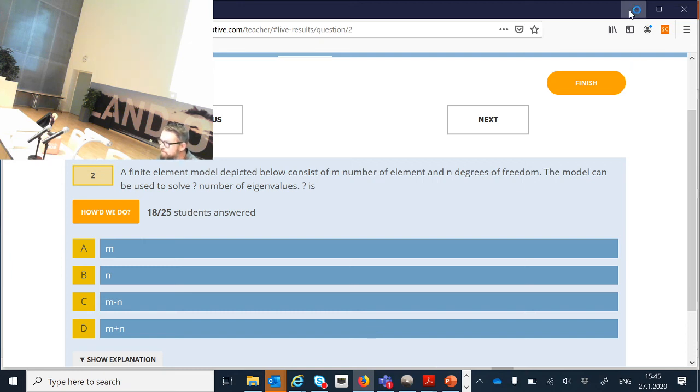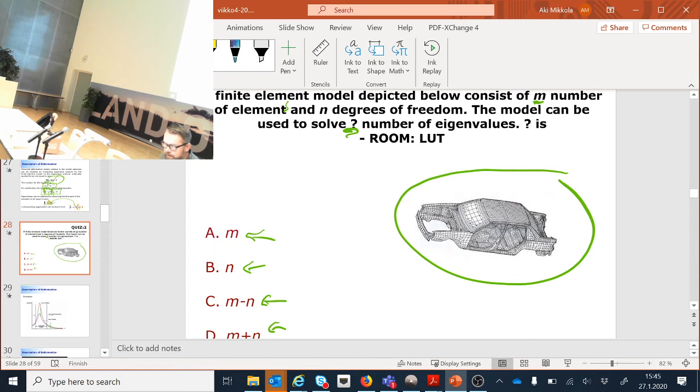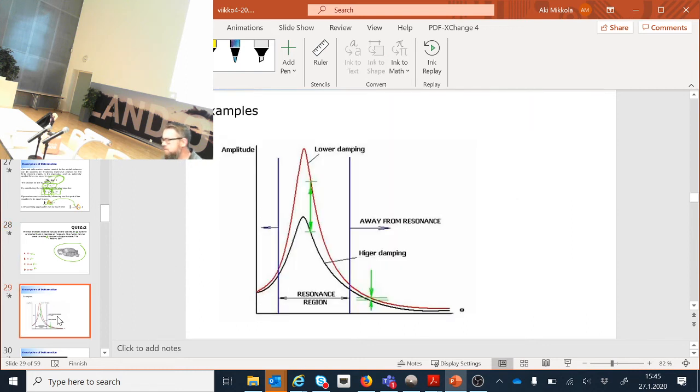Now let's look at something else. I notice that we don't have much time anymore, but remember what eigenvalue, eigenfrequency, and eigenvector mean. Those are really important to understand, because otherwise you will be lost for the rest of the course.